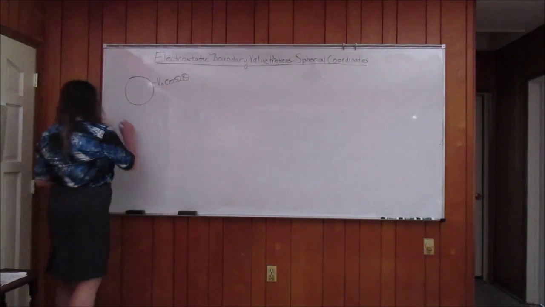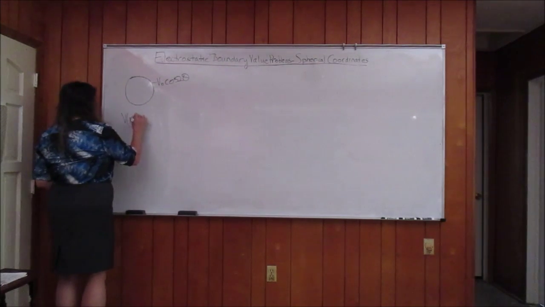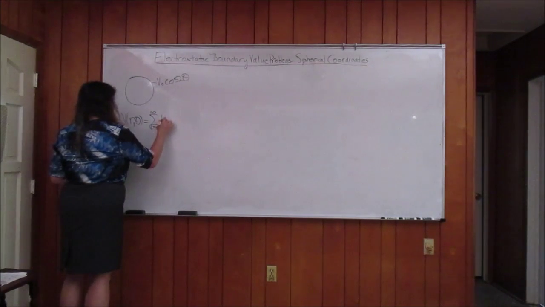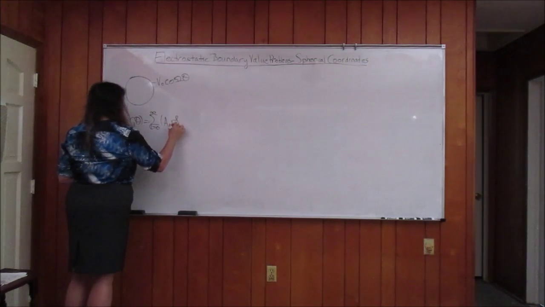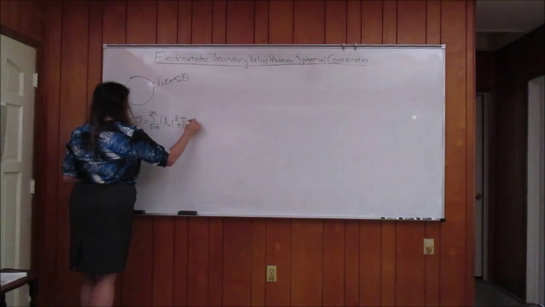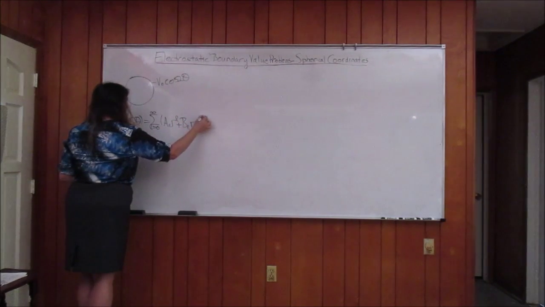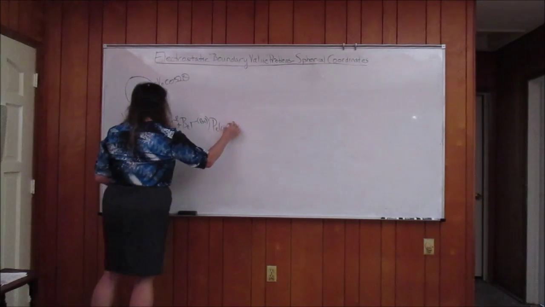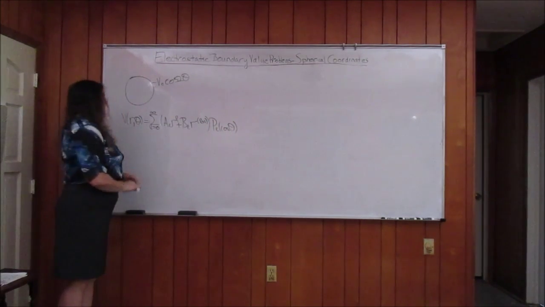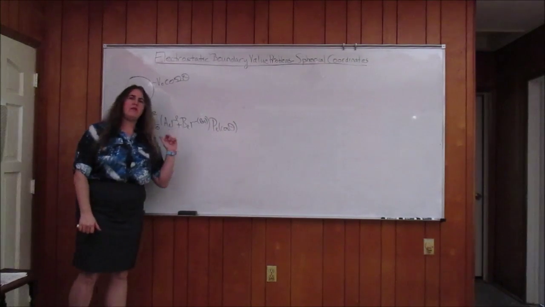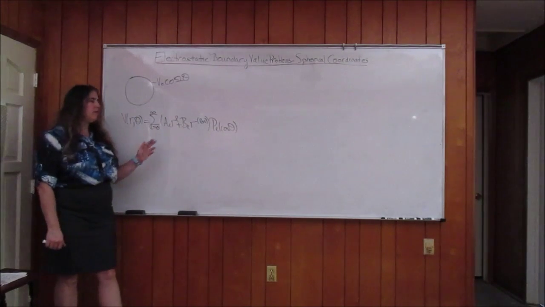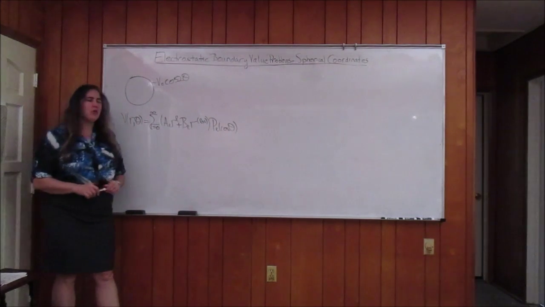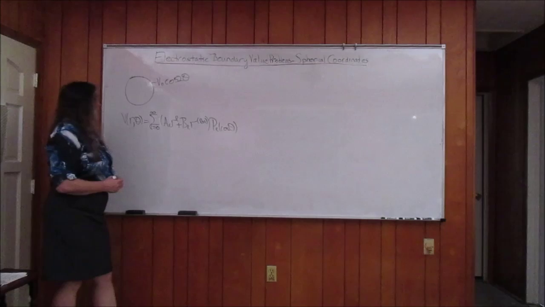The general form of the potential is the same as always: summation L equals 0 to infinity, A sub L times r to the L, plus B sub L r to the minus (L plus 1), all times the Lth order Legendre polynomial.